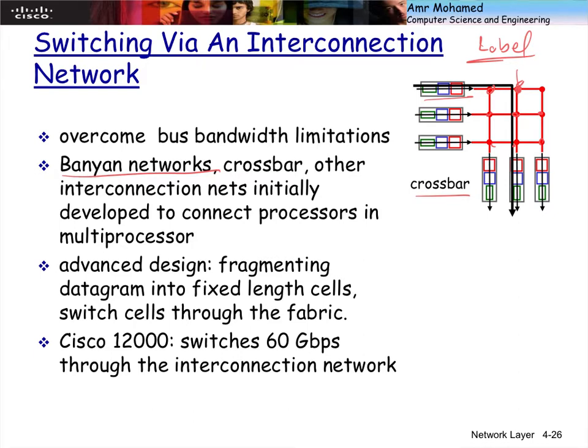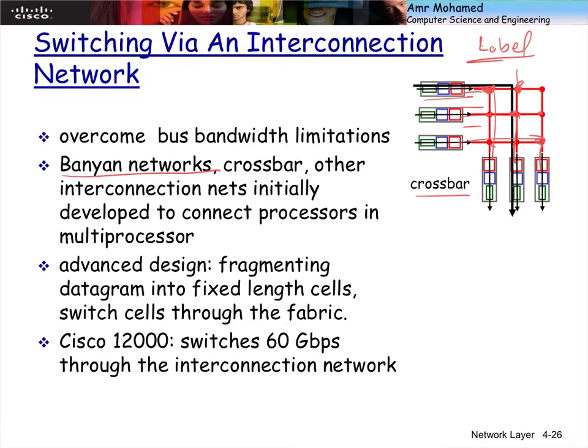Another benefit is that I can activate more than one intersection point at the same time, which allows multiple input ports to write to multiple output ports concurrently. I can do that by activating, for example, this point and this point and this point. So this will go here, this will go here, and this will go here. All of these are done in one control, in one axis.